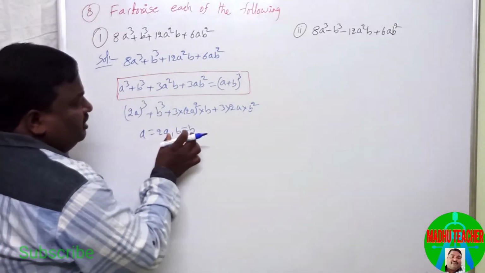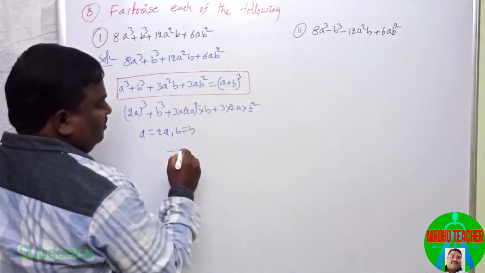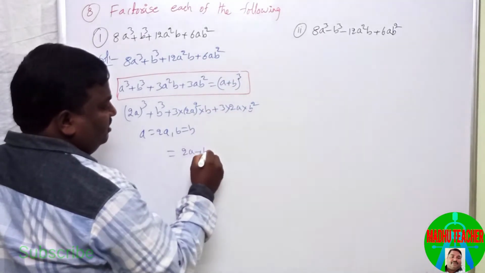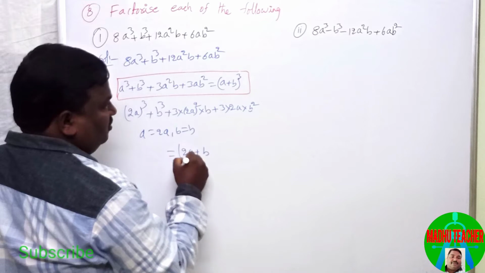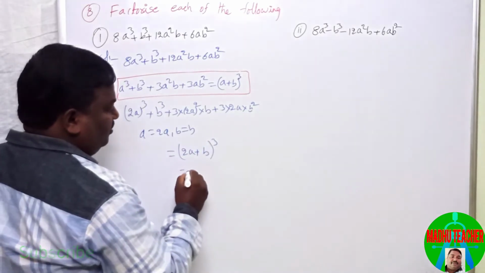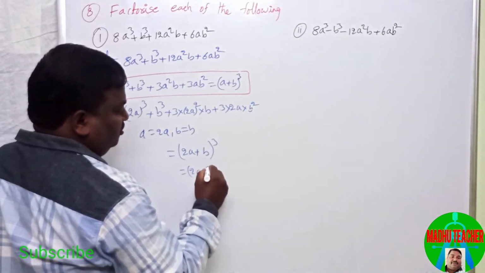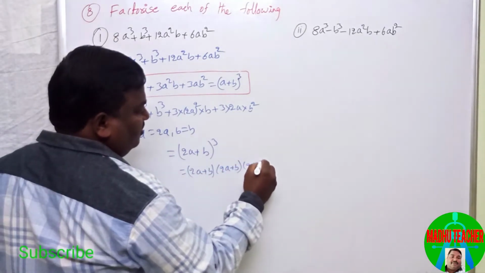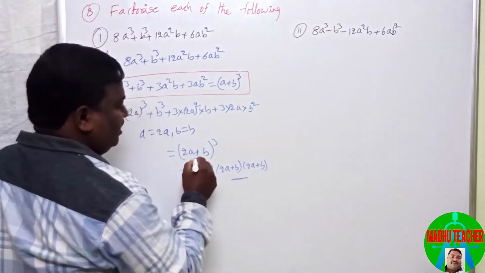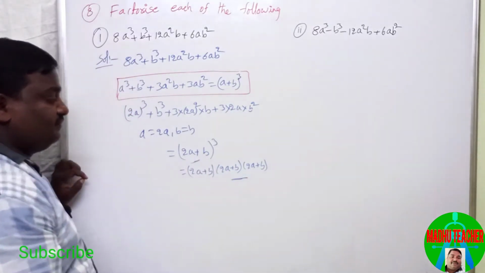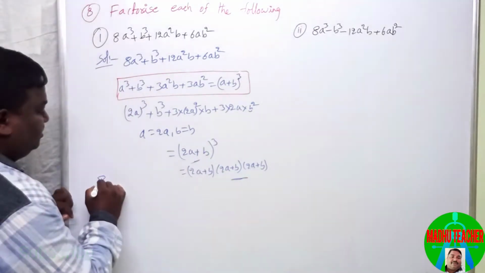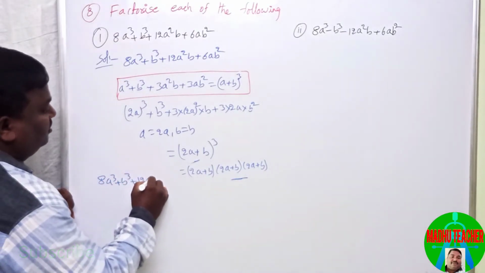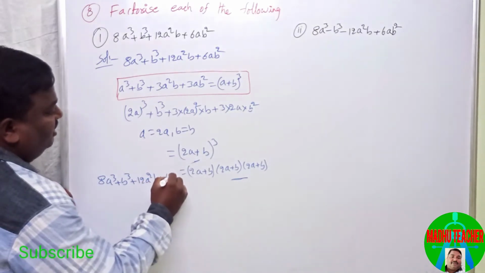Okay, by substituting this value at right side, we will get (2a plus b) whole cube, or you can write (2a plus b) into (2a plus b) into (2a plus b). So this is 8a cube plus b cube plus 12a square b plus 6ab square equal to that.